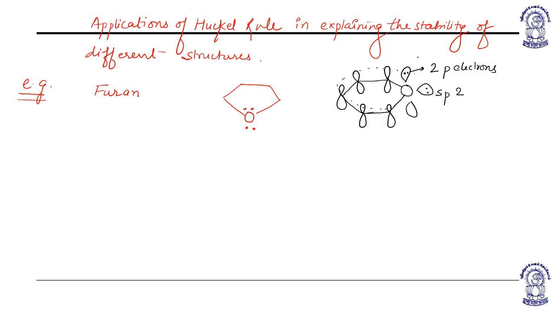In this way, you can see how these orbitals come up with this cyclic delocalization. Then the actual structure comes to be this.